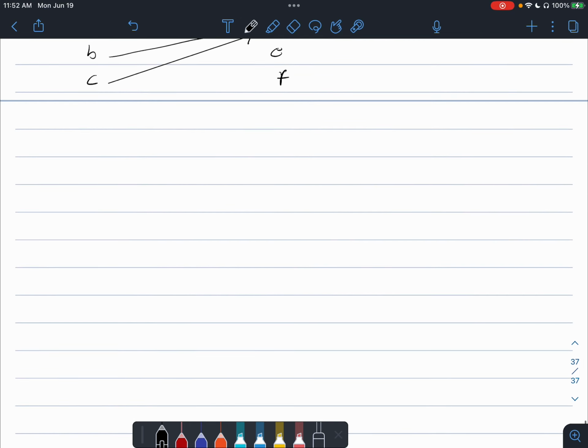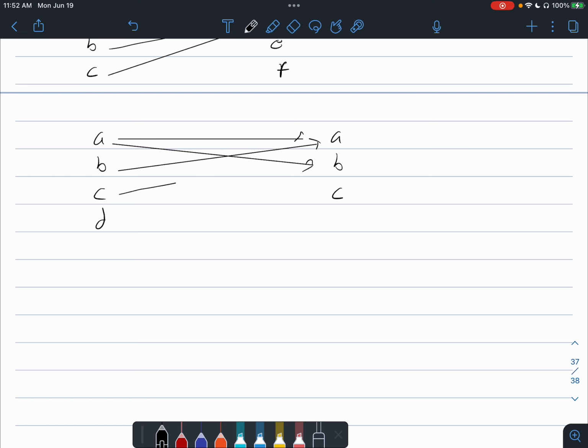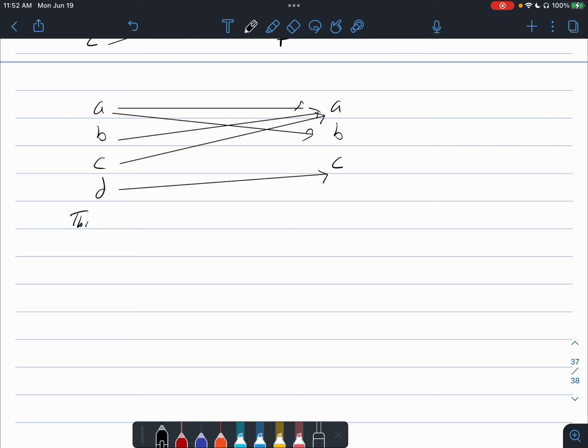Let's look at an example of one that might not be a function. Let's say we have A, B, C, and D, mapping to maybe A, B, C. A is being sent to A, and A is also being sent to B. B goes to A, C goes to A, and D goes to C. Is this a function? This is not a function.